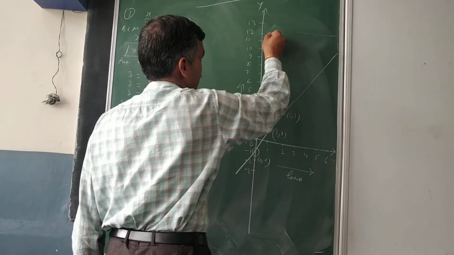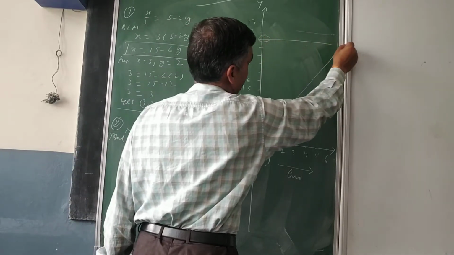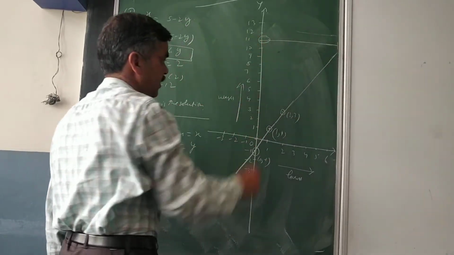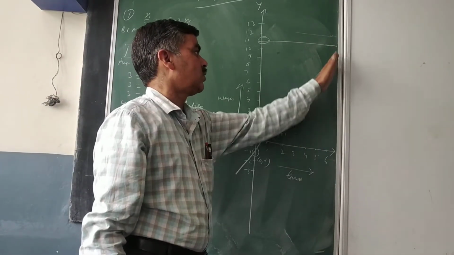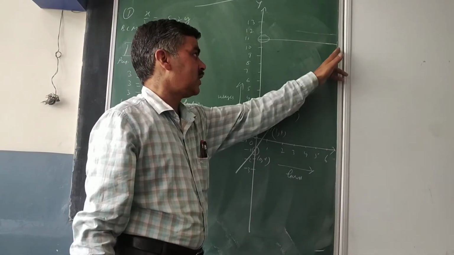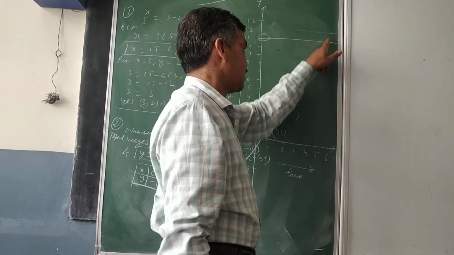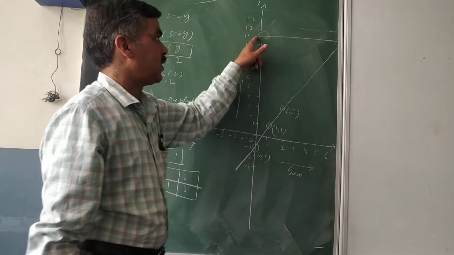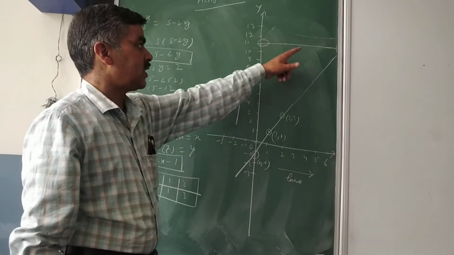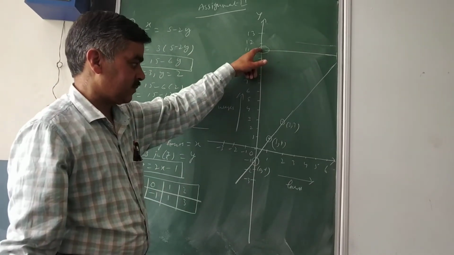From there you need to draw the perpendicular. Somewhere at 11 you will find it here. So extend the scale. Vertically you have to put the scale, and where it touches this extended line, encircle there, and from that circle you have to draw the perpendicular to the y-axis. Definitely that will touch here at 11.